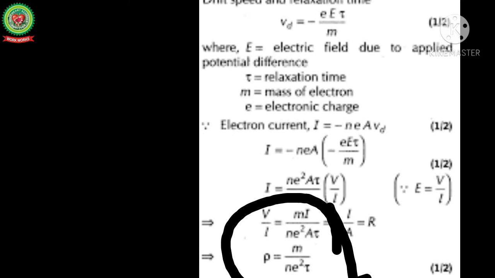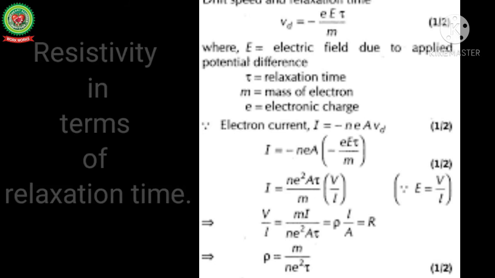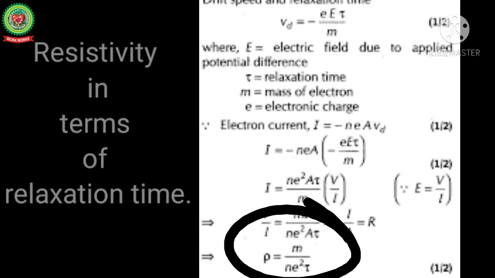Students, all these quantities are constant, so it's named as rho and hence we have got the value of rho in terms of relaxation time, that is rho equal to m over ne squared tau.